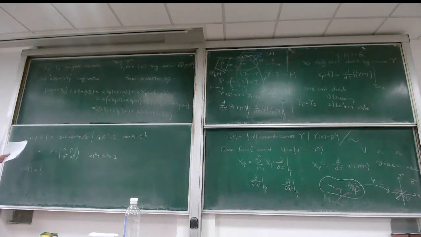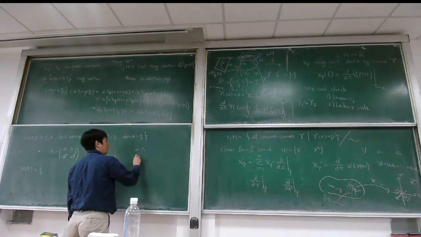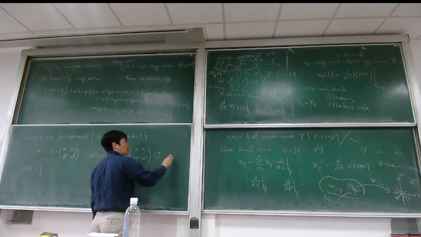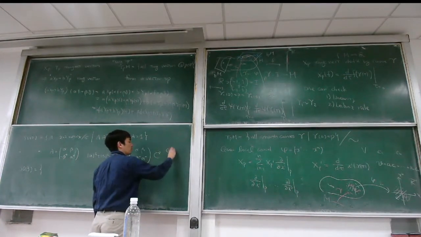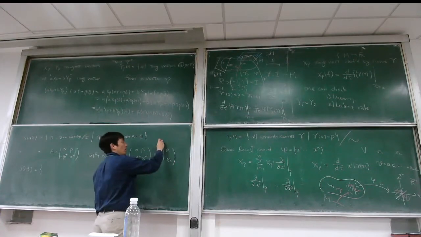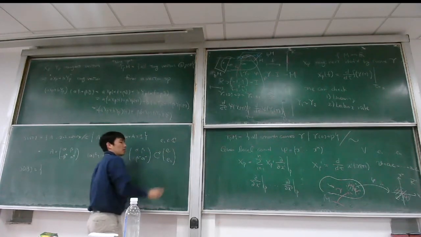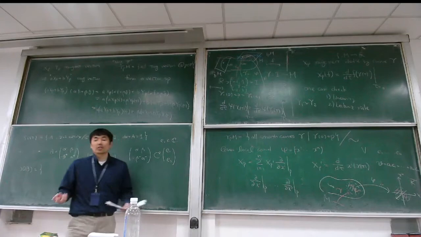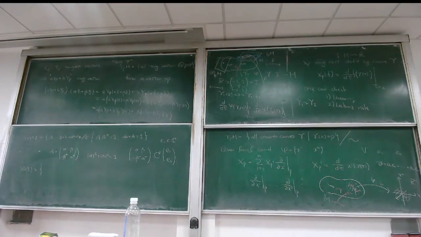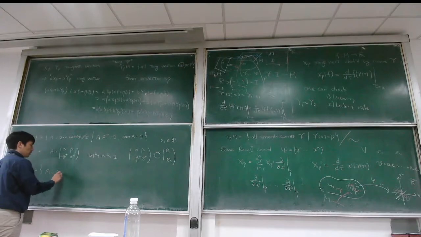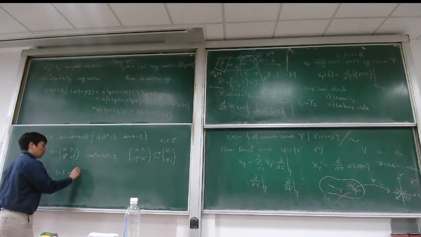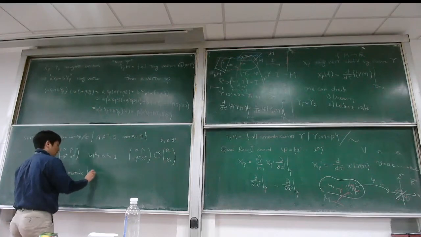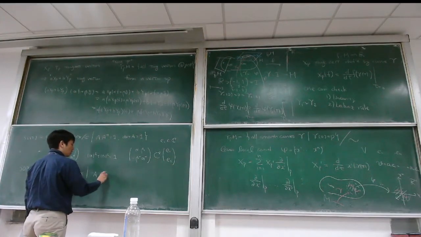And this indeed defines some kind of rotation. So this matrix alpha, beta, minus beta star, alpha star acts on the vector E1, E2 by just multiplication, and the Ei are complex numbers. So indeed it defines the rotation in the complex world. SO(3): A is a 3 by 3 matrix such that A transpose A is equal to 1.